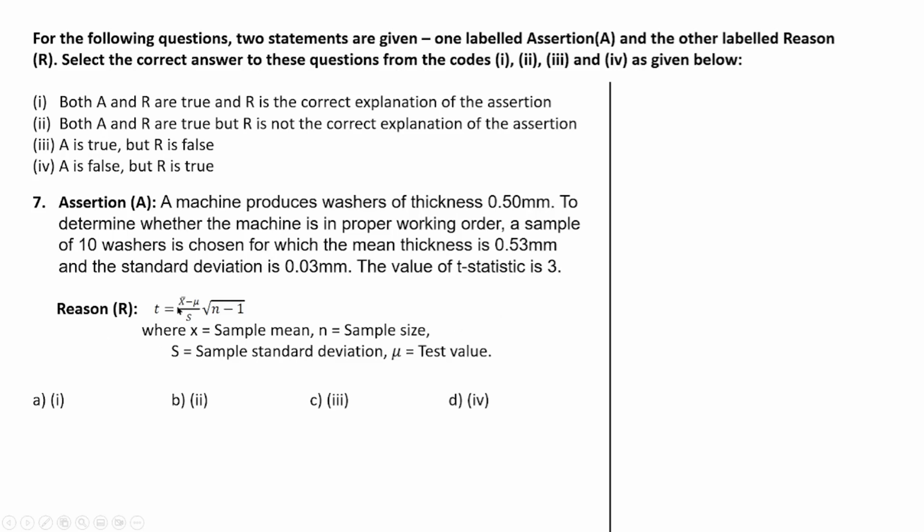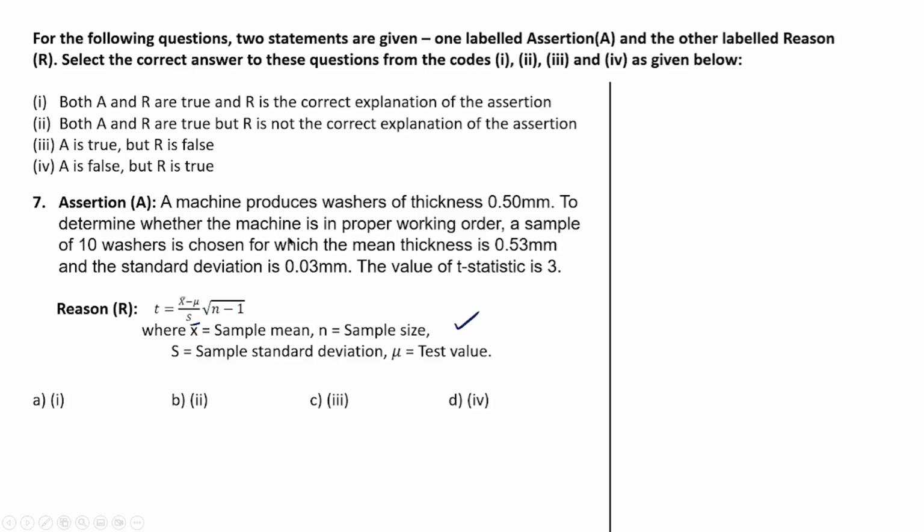Reason: t equal to x bar minus mu upon S into root of n minus 1, where x bar is the sample mean, n is the sample size, S is the sample standard deviation and mu is the test value. To find the t statistic we use this formula, so the reason is true.